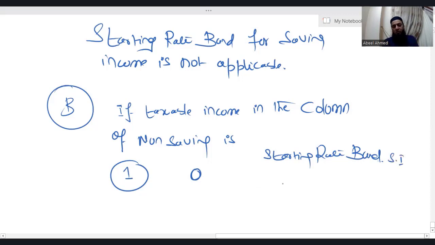If in the column of non-saving your taxable income is 0, then the entire 5,000 starting rate band is available to you in the saving income.